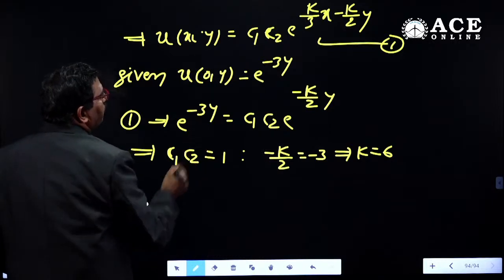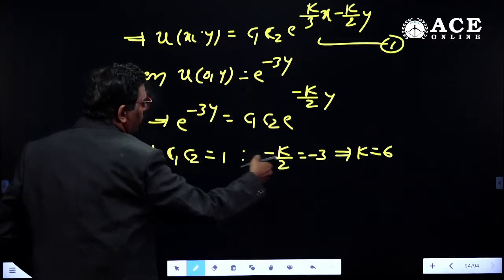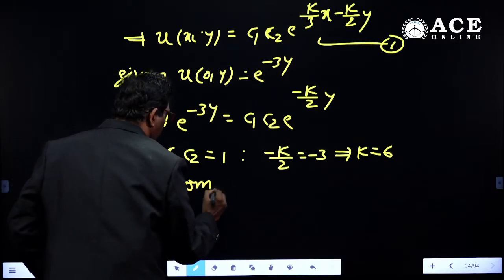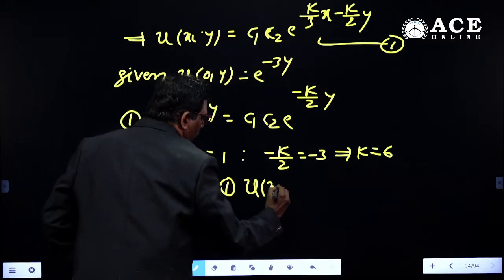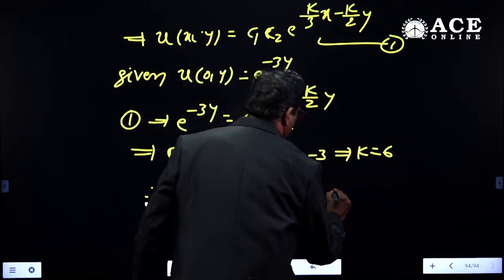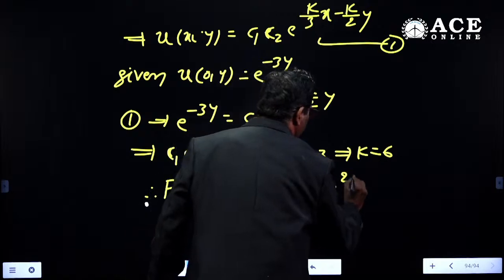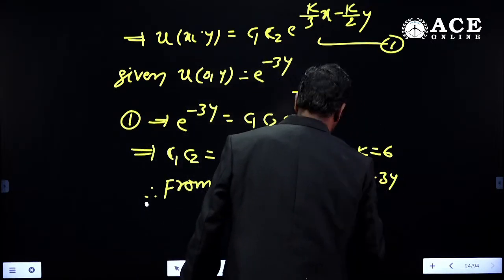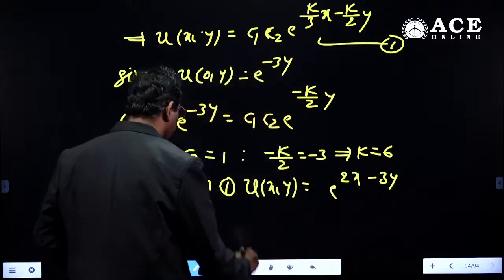Now, what is the final answer? k is equal to 6 and C1 C2 is equal to 1, therefore from 1, u of x,y is nothing but e to the power 2x minus 3y. Now what is the question here?